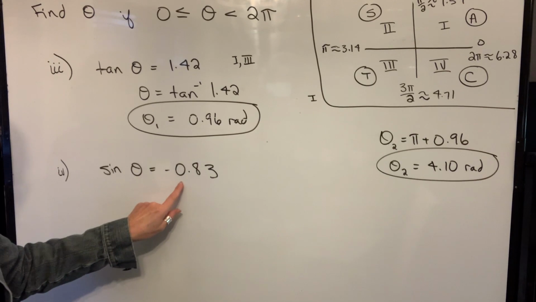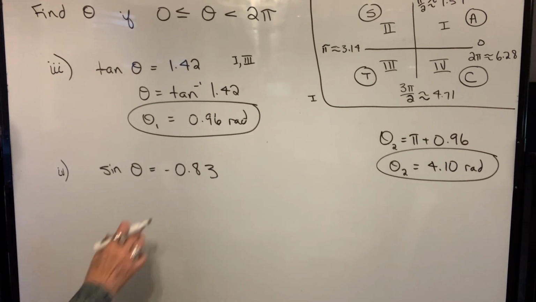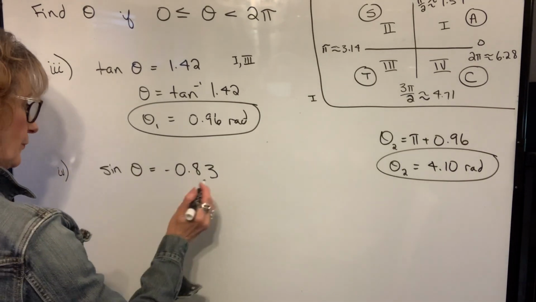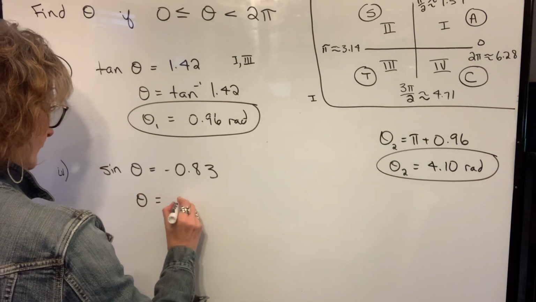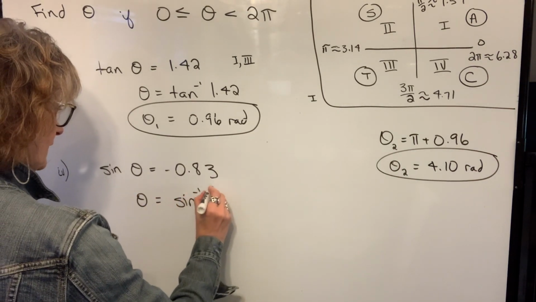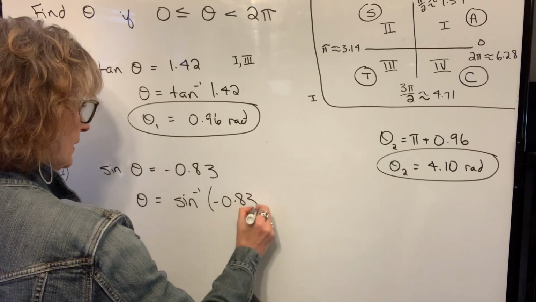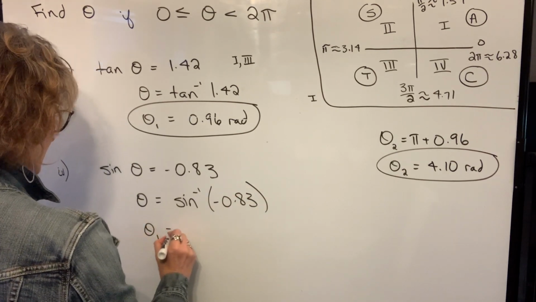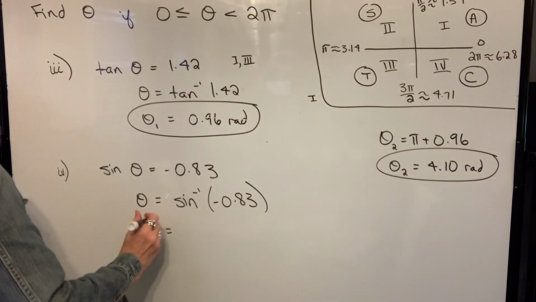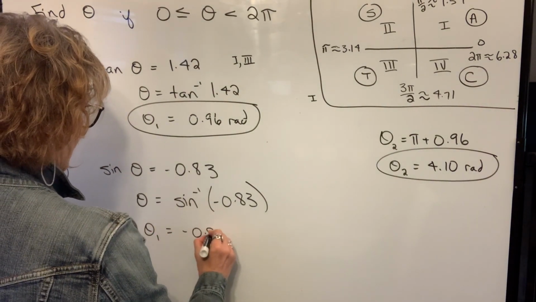Sometimes your ratio may be negative, so let's do an example where we have sine theta is equal to negative 0.83. So I'm going to find inverse sine of negative 0.83. My calculator is in radian mode, so the angle I obtain is negative 0.98 radians.